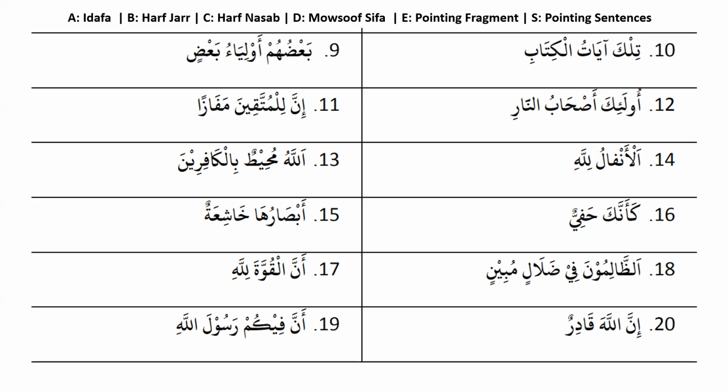What does it mean then? Anna fikum. What is anna? Anna is a half of nasab, right? Which word is a nasab here? Rasulullah, Rasula. So that Rasul of Allah, fikum, in all of you. Here in means among also, among us. So that Rasul of Allah among all of you. When you translate these things, the harf of nasab means that, anna means that.